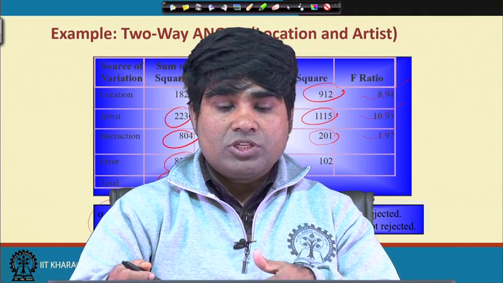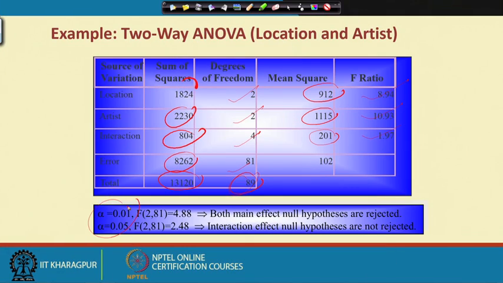Okay. So, in this case, let us see what is happening. The critical values will be 4.88 and 2.48. In both cases, the calculated value is overtaking the tabulated value. As a result, you are rejecting the true null hypothesis.